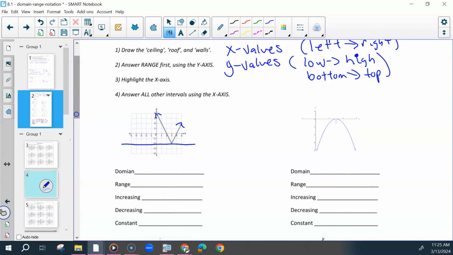So domain, we're looking left to right. If I'm thinking about this, if this were to keep going to the left, where would that start? Negative infinity. It would keep going up and left into the negative values to negative infinity.